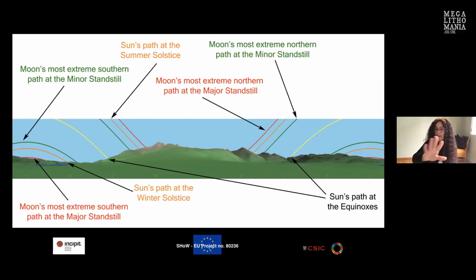I'm just going to mention that because that particular rising and setting point is always bracketed by the extreme rising and setting points of the sun. So the minor lunar standstill is always within the sun's path, and the major standstill moon occurs outside and beyond where the sun can ever occur on the horizon. But I want to emphasize those nice green lines because they will become a significant discussion later.